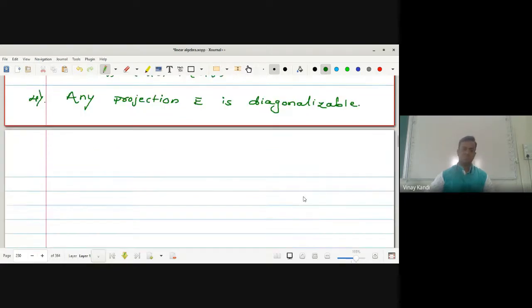ओके, आत्ताच आपण एक प्रोजेक्शन पाहिला. व्हॉट इज दॅट प्रोजेक्शन? E of x y is equal to x 0. ओके, to find the matrix of this one, this operator. काय आहे ह्याचं मॅट्रिक्स? मॅट्रिक्स ट्रान्सफॉर्मेशन कसा करतो मॅट्रिक्स आपण? कसा येईल?